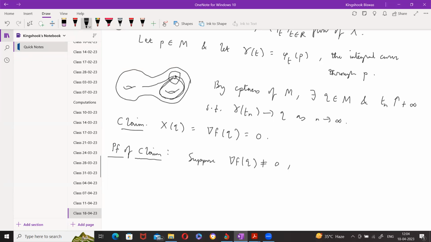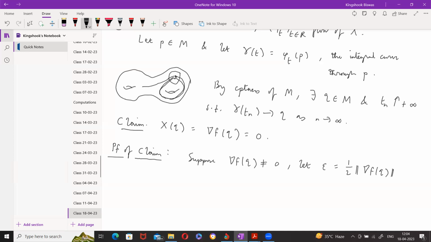Then you choose epsilon to be half the norm of grad f at q.